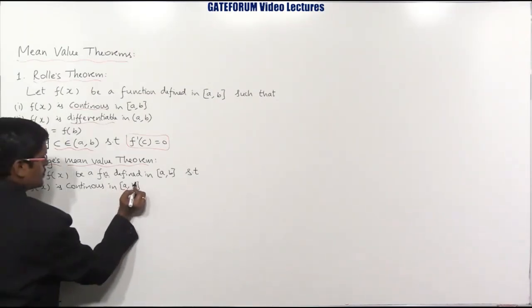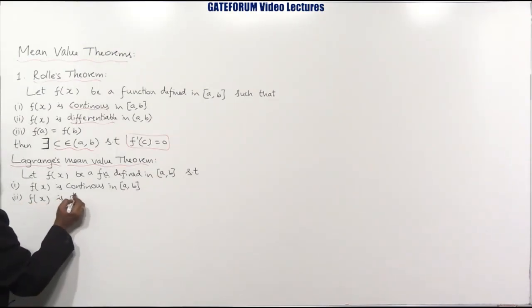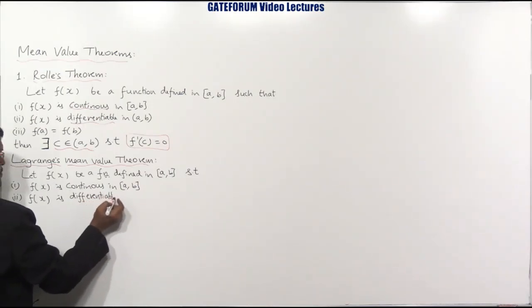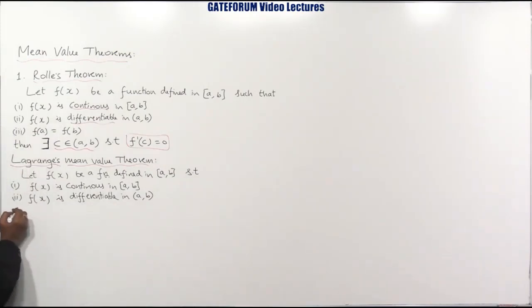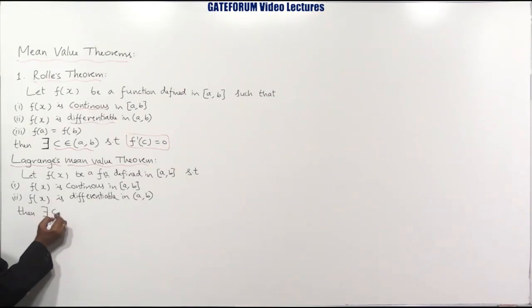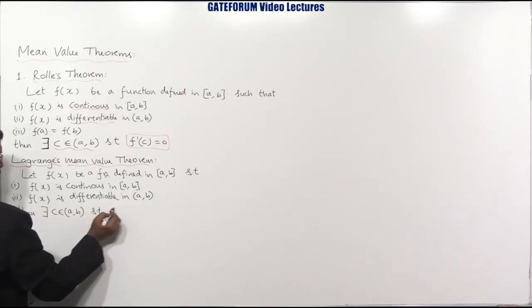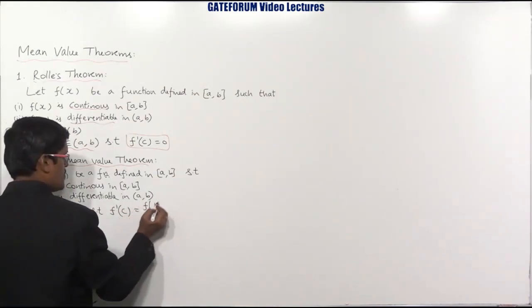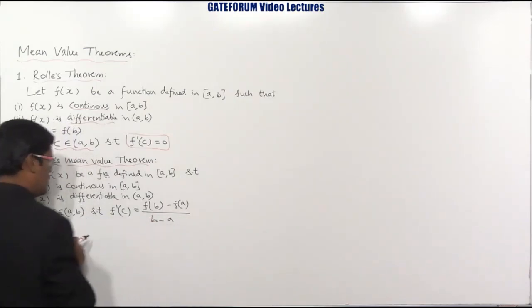Two, f of x is differentiable in the open interval a comma b. Then there exists c belonging to a comma b such that f dash c is equal to f of b minus f of a divided by b minus a.